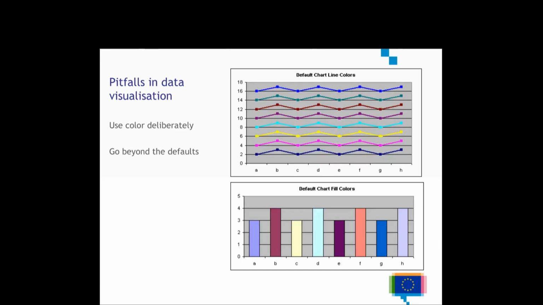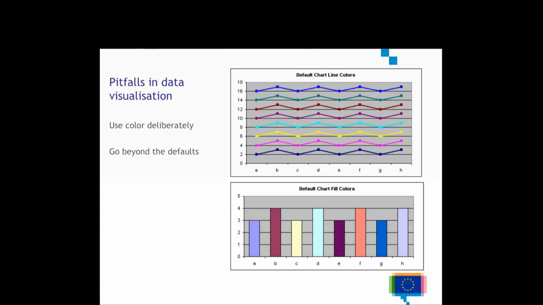Sometimes you also have very obvious choices for color. For example, if you have a chart about political parties, then of course it's advisable to use the party colors to identify each party on the chart.